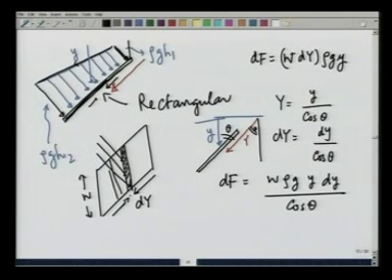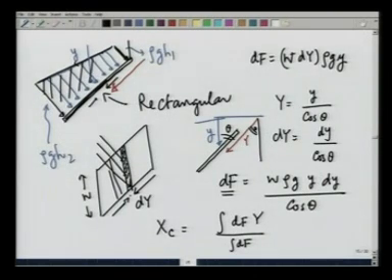What about the force acting at certain point? That is going to be given by y c, which is going to be the integration of dF times capital Y divided by the net force. This by definition is the centroid of this loaded area, the load area.